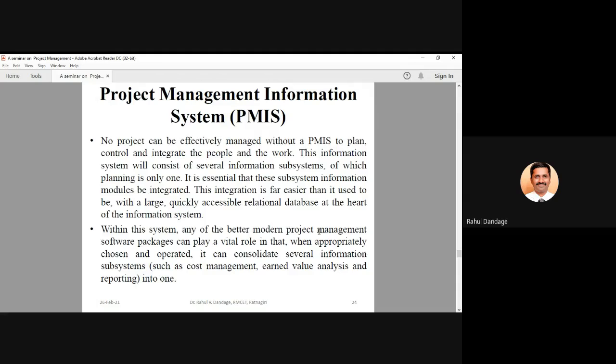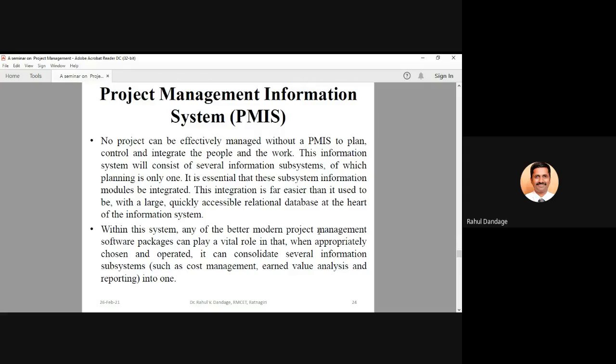The information must be available, or more specifically, the right information must be available to the right person at the right time and in the right format. Then only it will be helpful for the project, and it will make the work of the project manager and the project team easier if that information is available at the appropriate time.